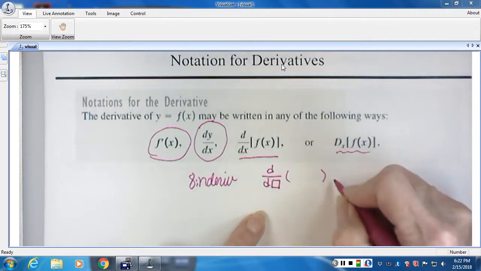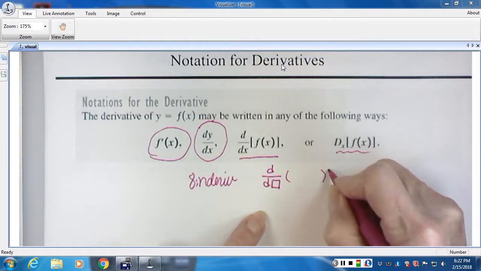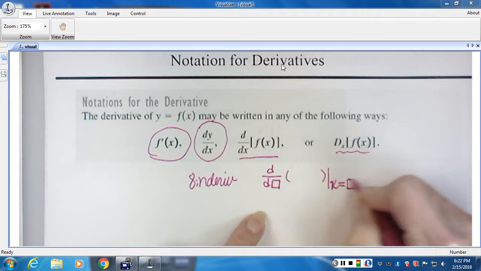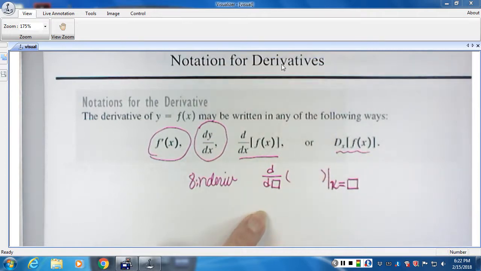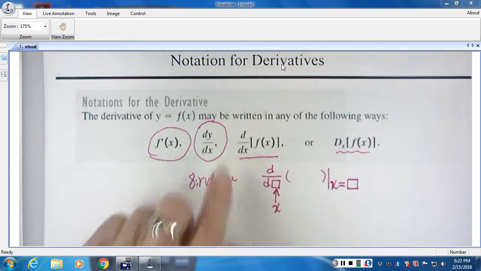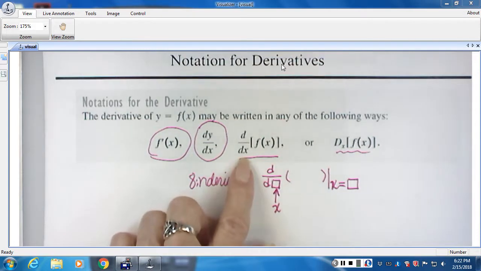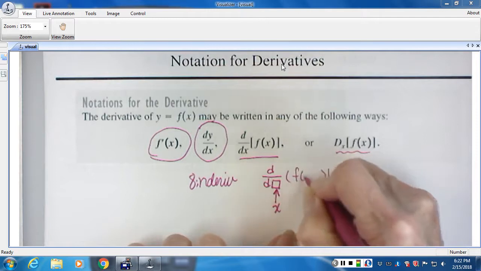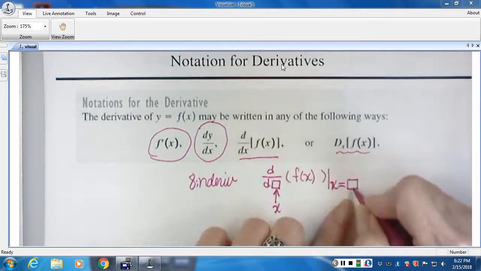And then on the outside, there's going to be another little box, but it's going to say x equals in front of it, and you're going to fill in that box. So what's going in this box is going to be the variable you're taking the derivative with respect to, which would be your x. What's going to go here is your function f of x, and then x here is going to be some number.